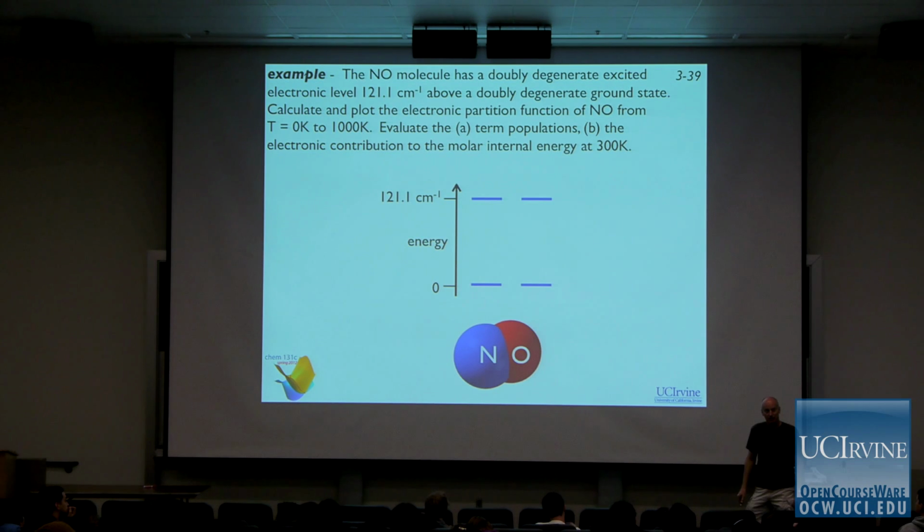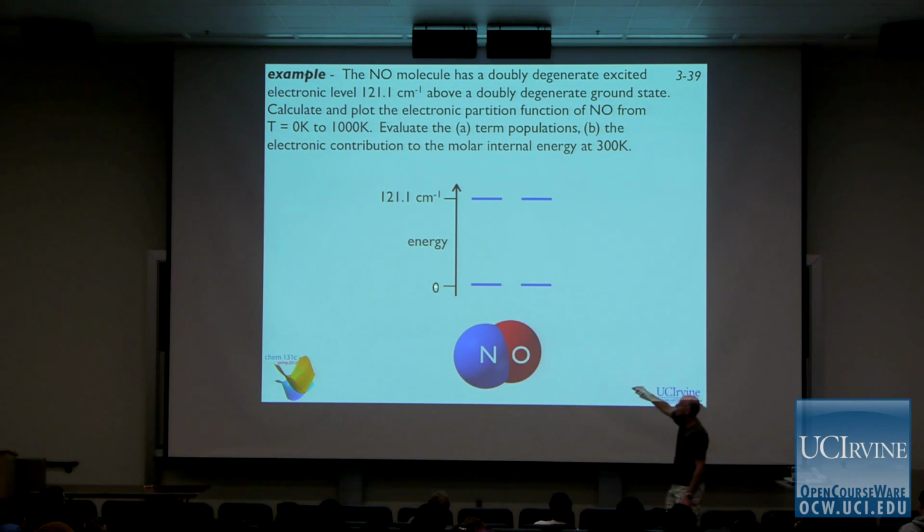Okay, you ready? Let's do an example. Here's a molecule, NO. 2 electronic states, one at 121.1 wave numbers, one at 0. Right, the ground state. Both doubly degenerate.